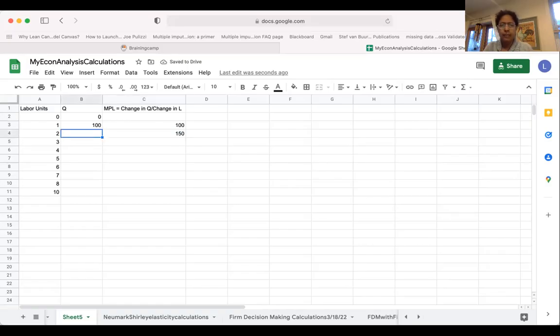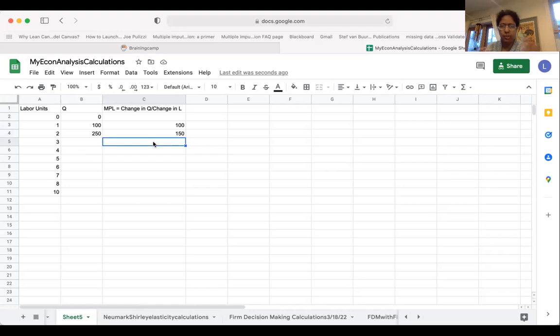What would that mean as my new Q? It means the first person added 100, and the marginal product tells you what the second person added. So I added 150, so my total is now 250. What do continued returns to specialization mean? Continue to divide up the work, and my marginal product can actually get bigger. Notice my marginal product here increased by 50.